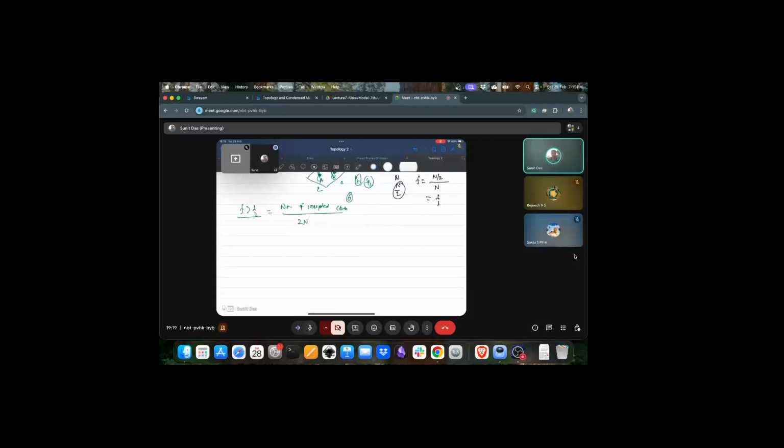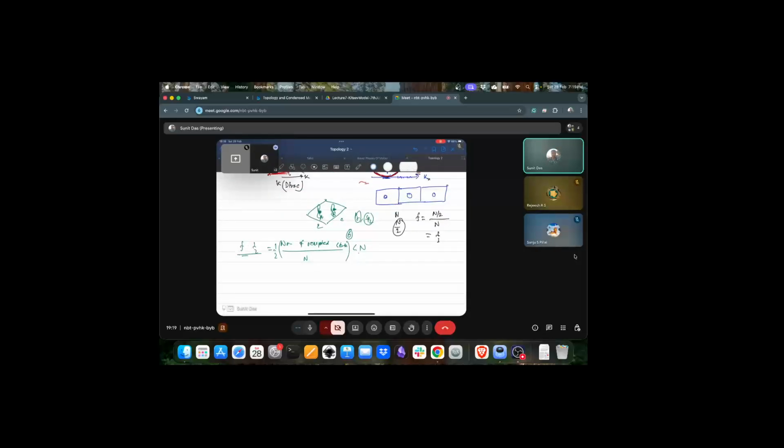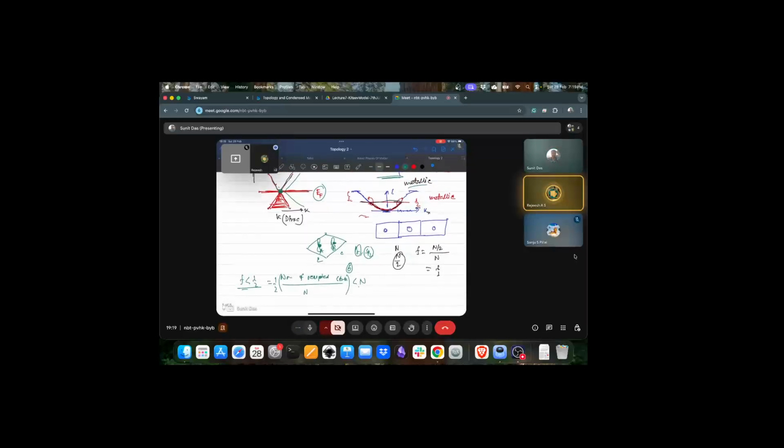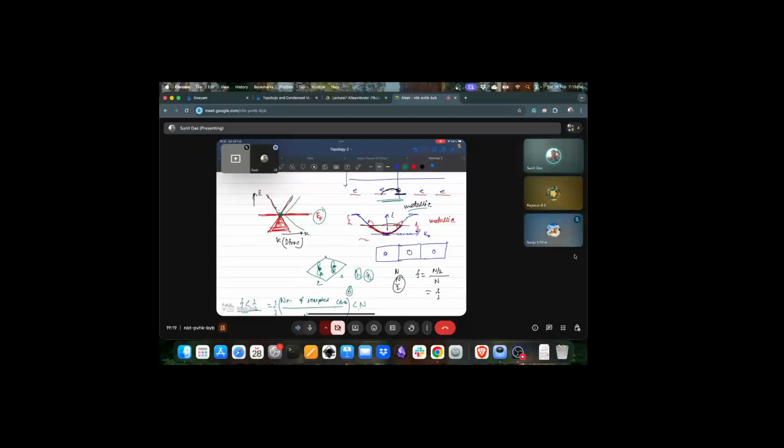So the number of occupied states being less than n is when it will be less than half filling. Let's make this half constant here. So if the number of occupied states is less than n, this is less than half filling, in terms of the lowest energy level.